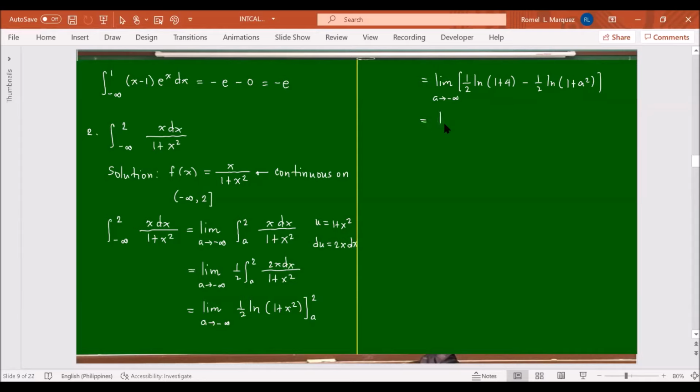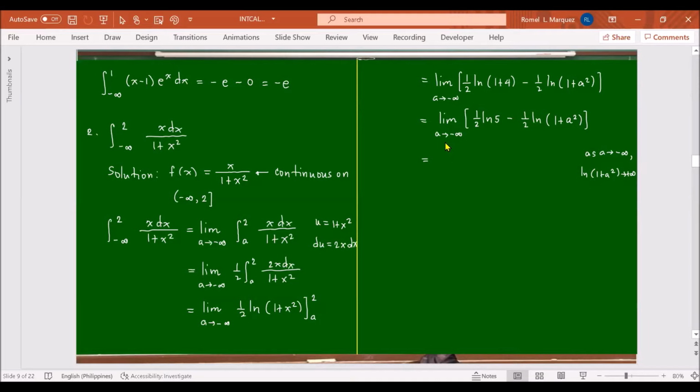So let's simplify. The limit as a approaches negative infinity is equal to 1/2 of ln 5 minus 1/2 of ln of 1 plus a squared. Now, as a approaches negative infinity, ln of 1 plus a squared approaches positive infinity.